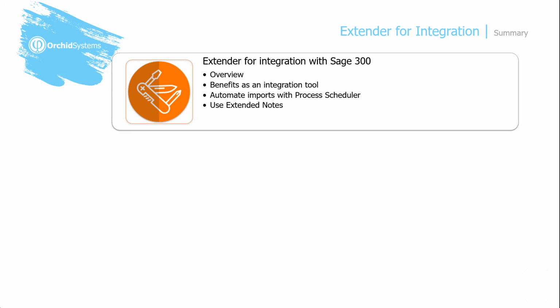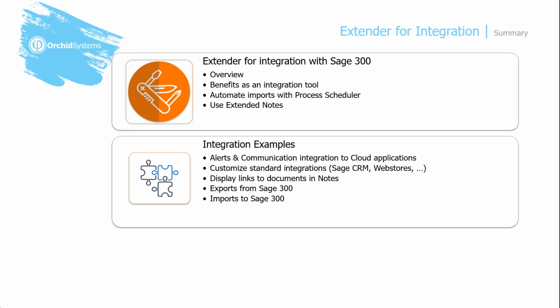So in summary, we've seen how Extender can be used for integration with Sage 300 and the various benefits that Extender has to support integration projects. We've looked at a range of examples from alerts and communication integration to cloud applications. We've discussed how we can customize standard integrations by identifying those transactions created by standard integrations such as Sage CRM or web stores to log or to start a workflow.